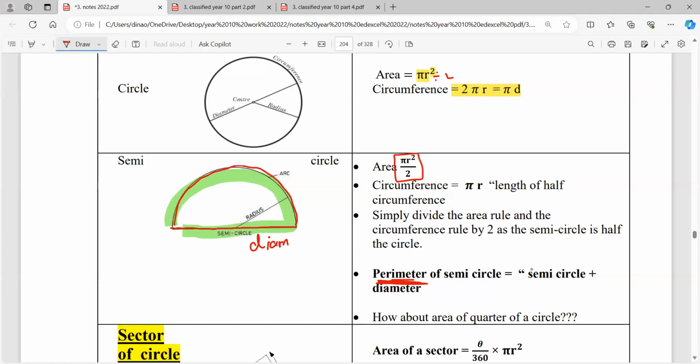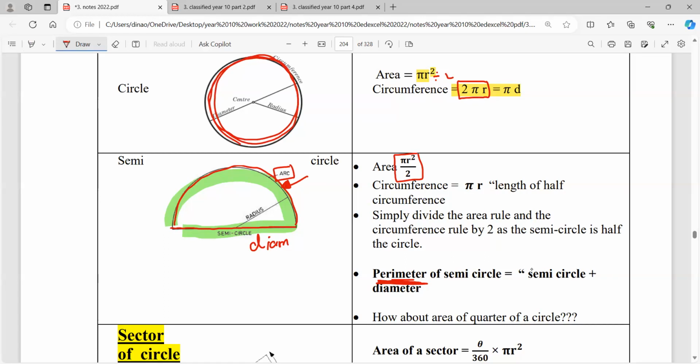Now, I don't have an issue with the diameter. I have an issue with this half the circle, also known as the arc. Now, 2 pi r calculates the complete circumference.